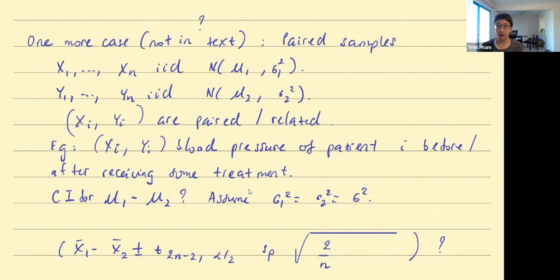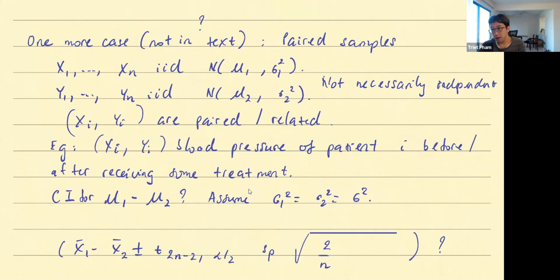The fact is, in paired samples, the two samples are not necessarily independent. And that's the whole point, because this is the blood pressure of the same patient receiving the medication.